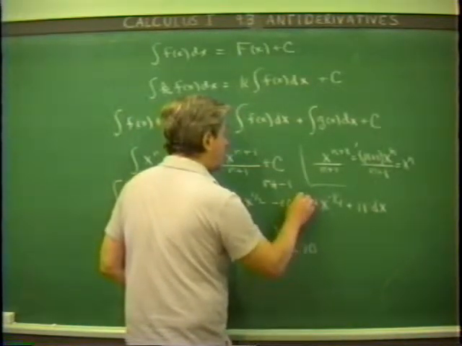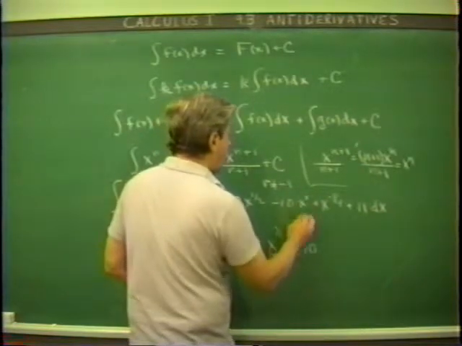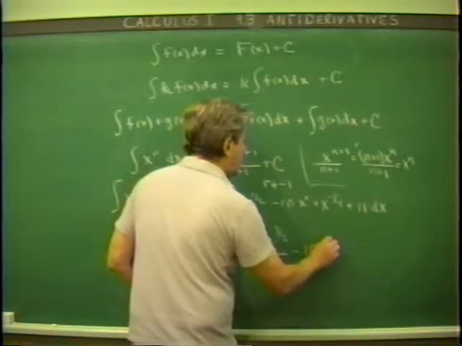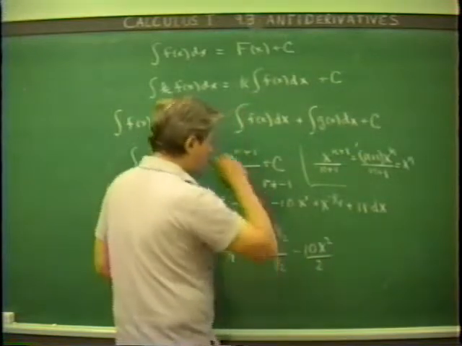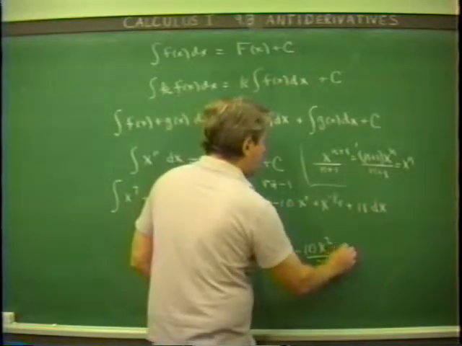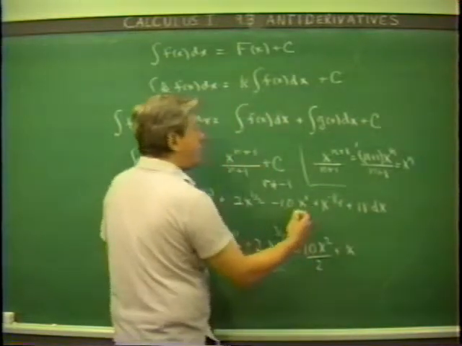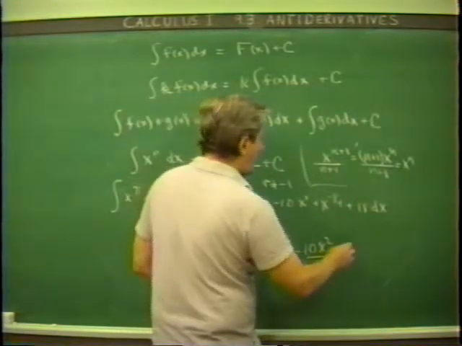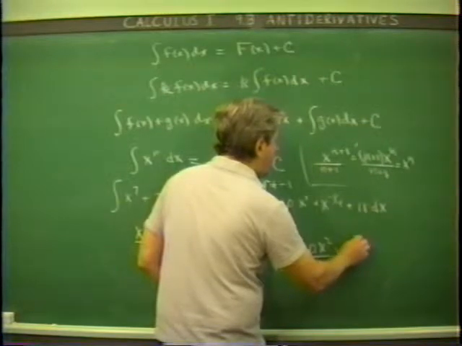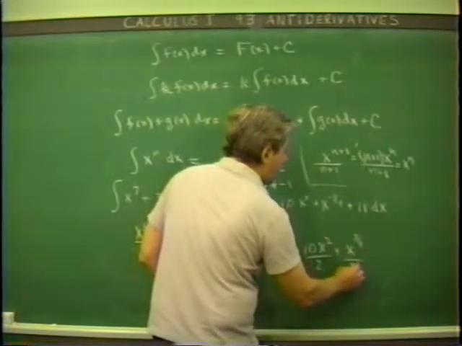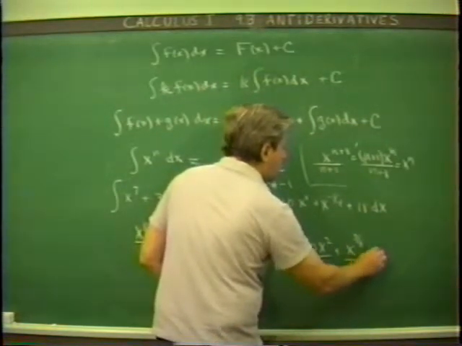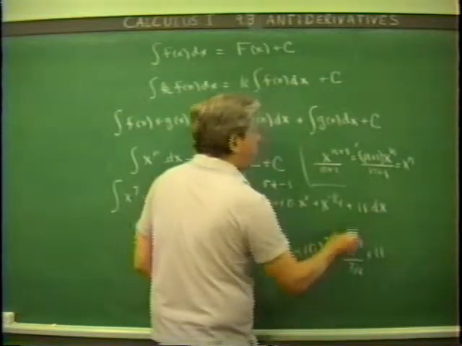Minus 10, this is x to the 1, so the antiderivative is going to be x to the 2 over 2. Plus what? This is x to the minus 1/4, so if we raise that by 1, we're going to get x to the 3/4, divided by the higher power, 3/4. Plus 11.